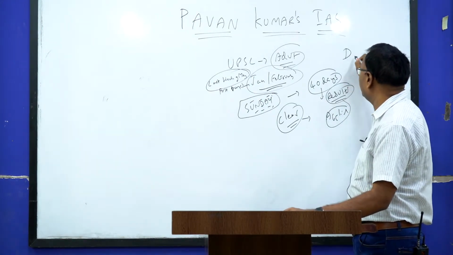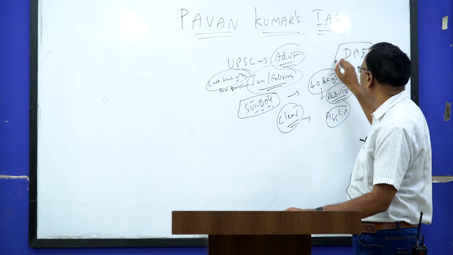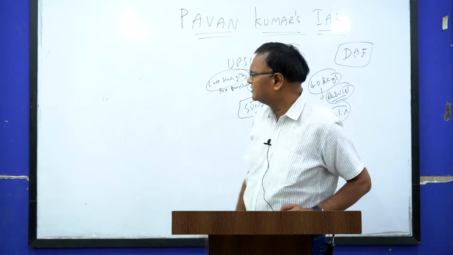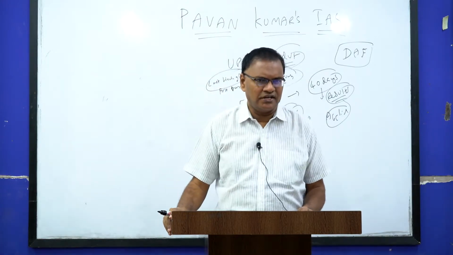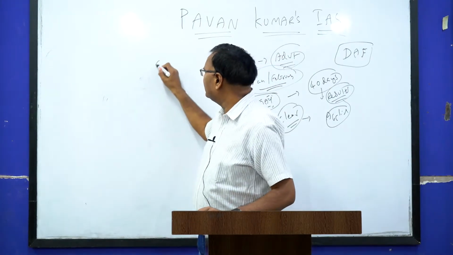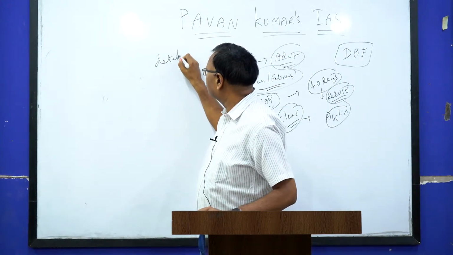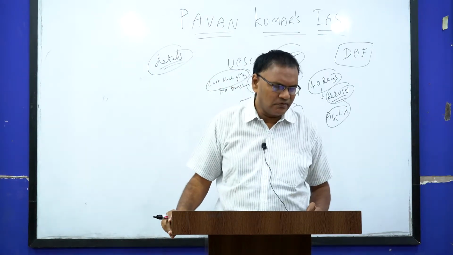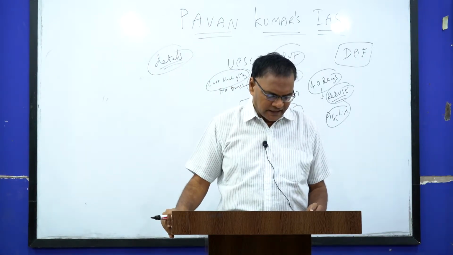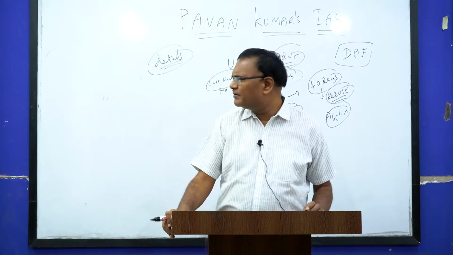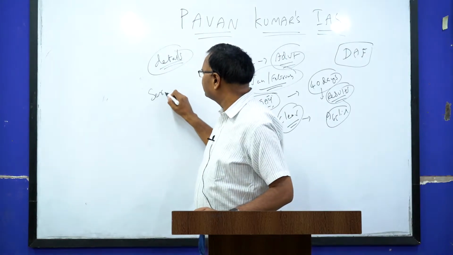What is known as a DAF, detailed application form. Again they have to do it online only, wherein at this stage they are expected to give all other details. What are the details that they have to give here? About their education qualifications, about their school, about their work experience, about their home state, about their hobbies, and about their service preferences also.